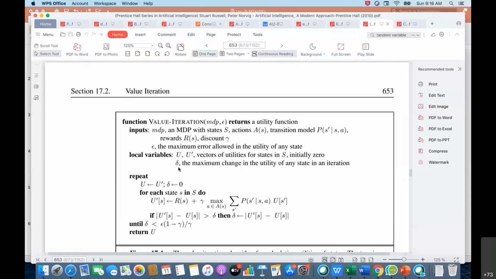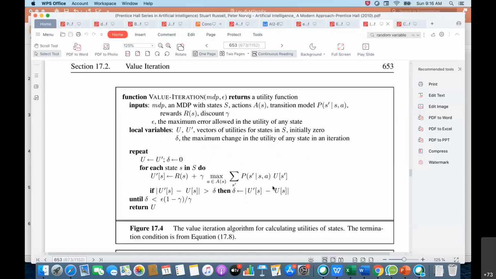And here is another factor, delta. That is the maximum change in the utility of any state in an iteration. Initially delta is equal to 0, and u bar is assigned the value of u. Now for each state, we are updating u bar using Bellman's update following this equation.